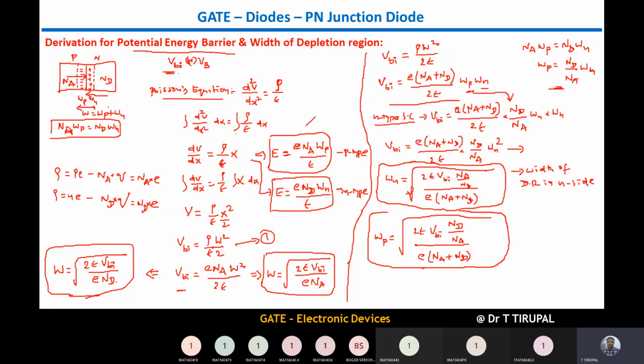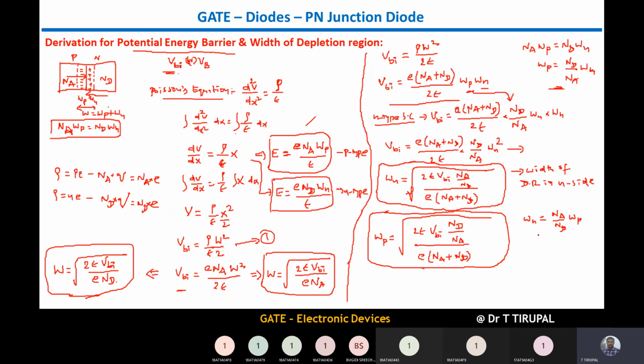The same equation, similarly, just substitute instead of WN: WN is equal to NA divided by ND into WP.